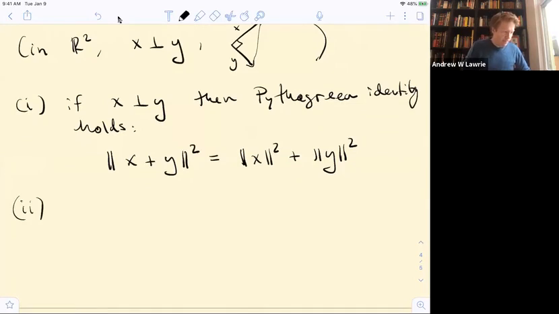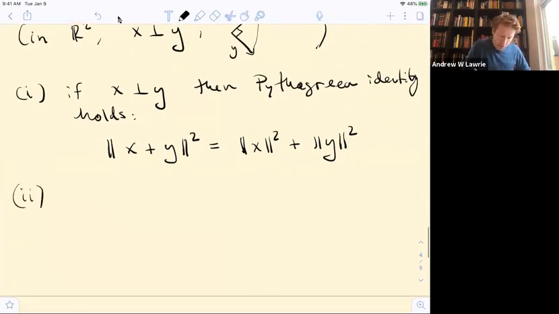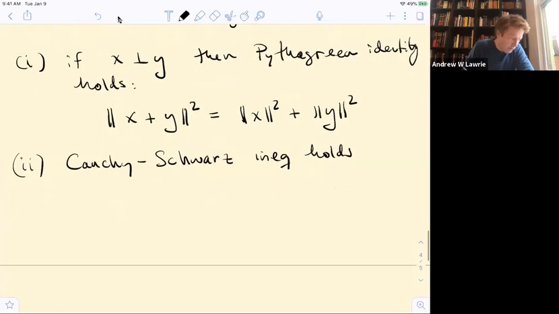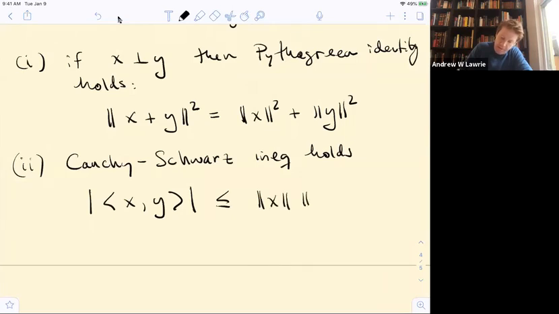Two, the Cauchy-Schwarz inequality holds. So the absolute value of the inner product between x and y is always less than or equal to the norm of x times the norm of y.